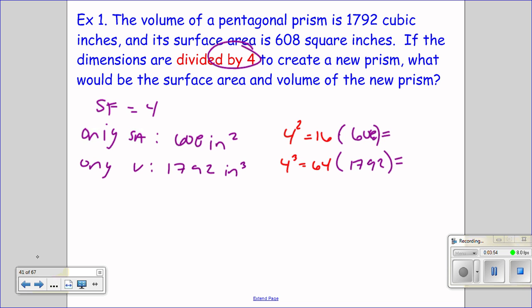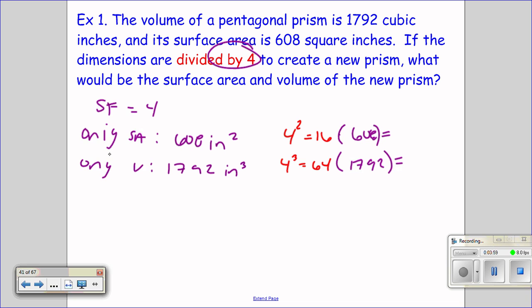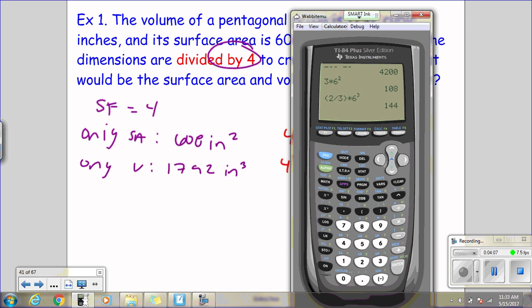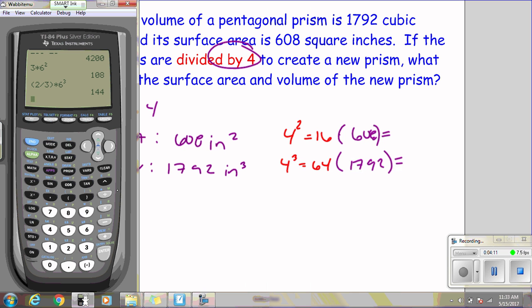So let's grab our calculator and do these calculations. Okay, so first one is 16 times 608.